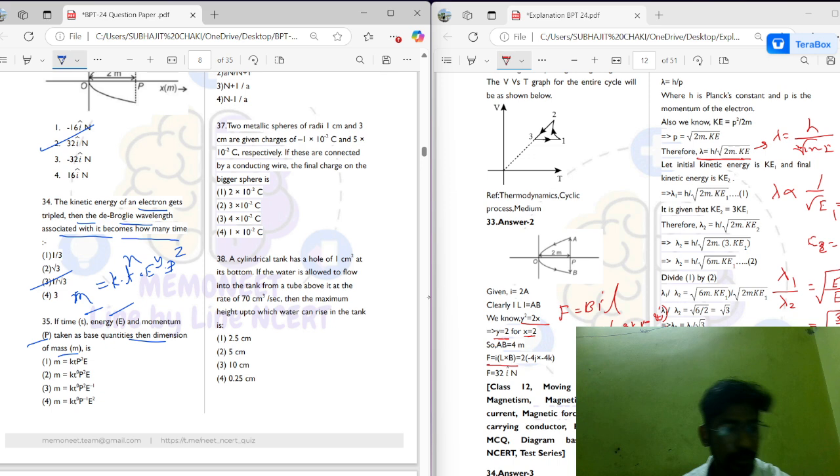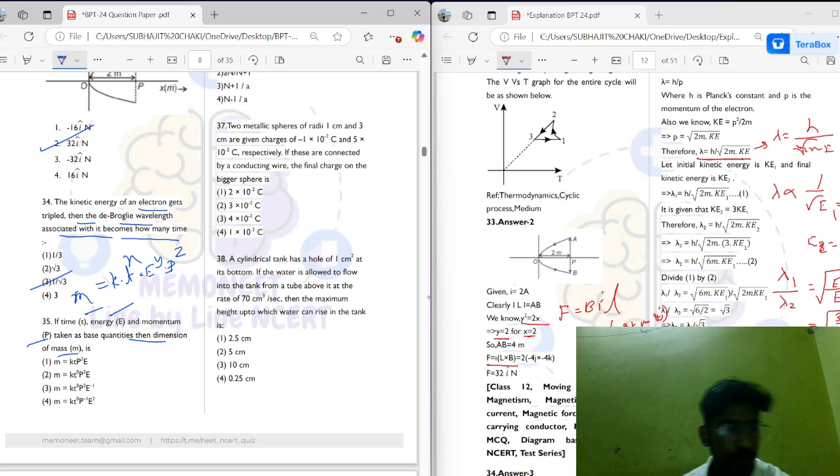As we know, when they are connected, the potential will be equal. V1 equals V2. So Kx by 3, K cancels out. x equals 12 into 10 to the power minus 2 minus 3x. That means 4x equals 12 into 10 to the power minus 2. So x equals 3 into 10 to the power minus 2.